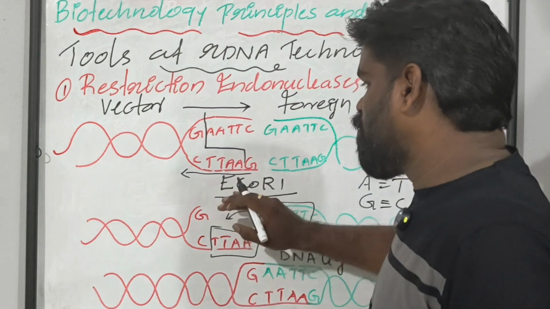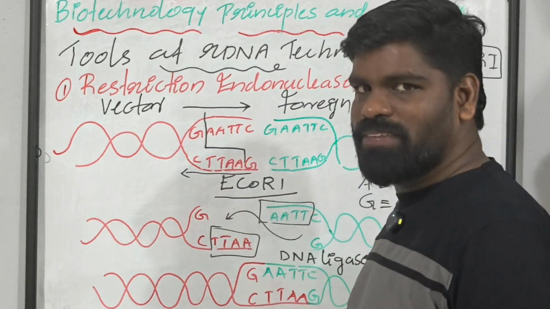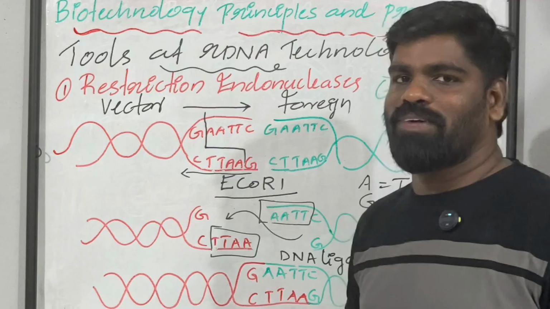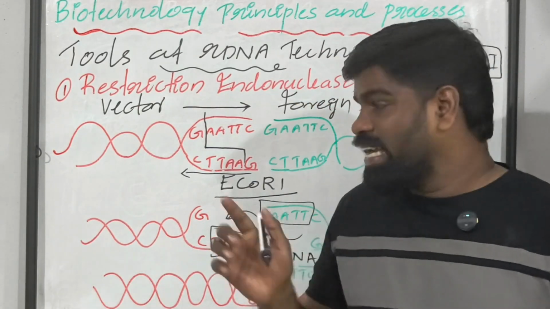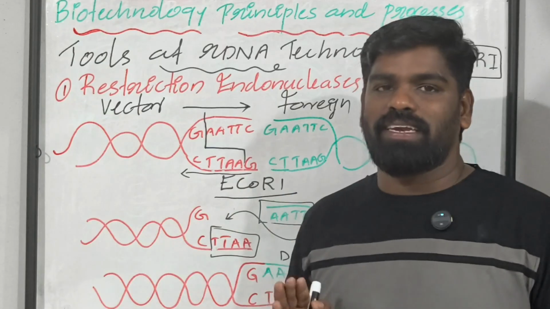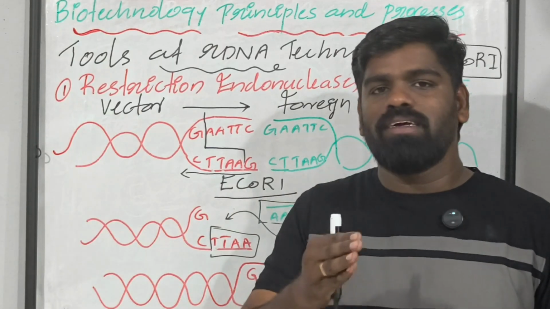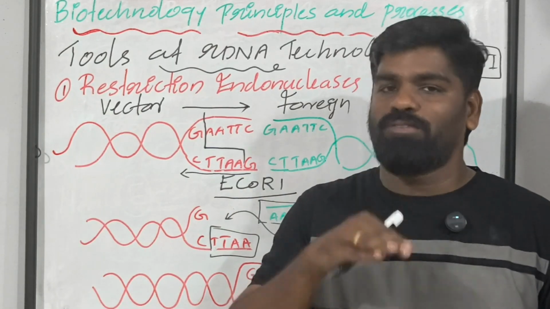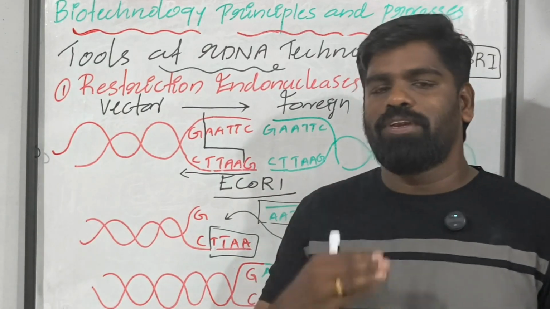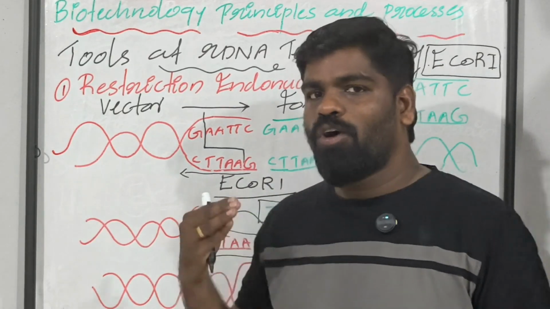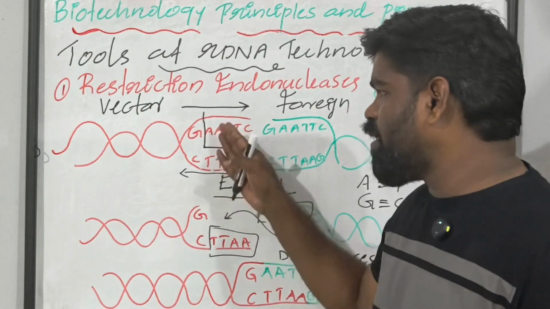The restriction endonuclease will cut a little away from the center and between the same bases of the opposite strands. A little away from the center but between the same bases of the two opposite strands. That also you have to keep in your mind.